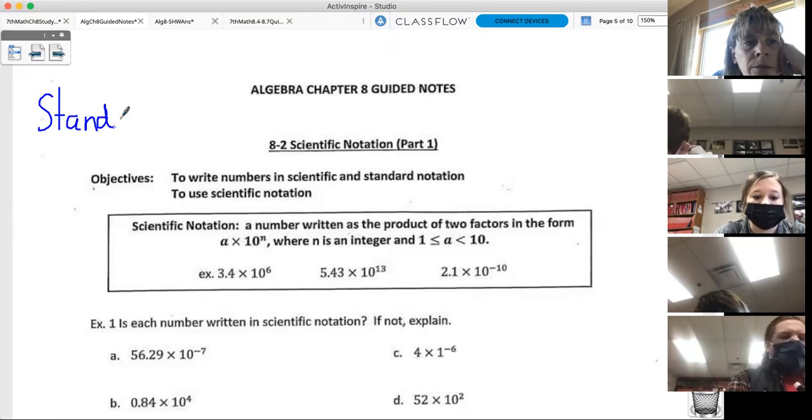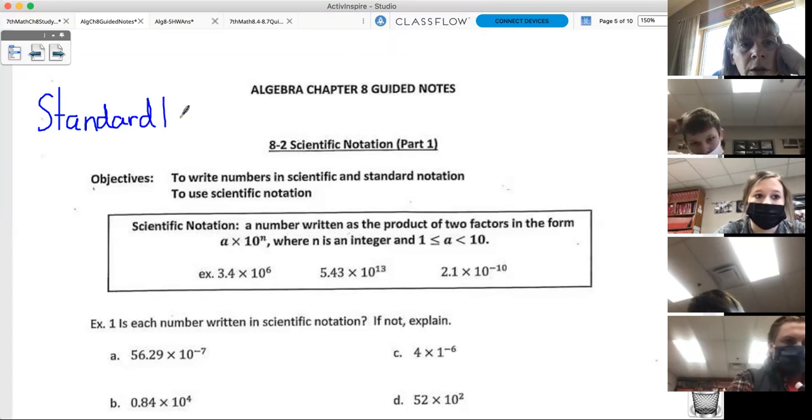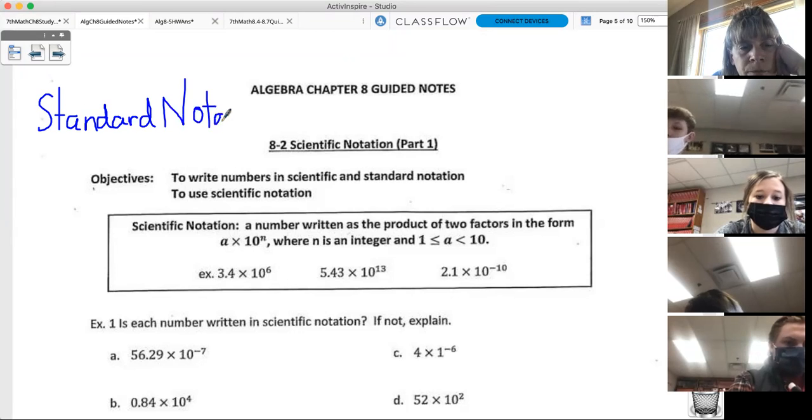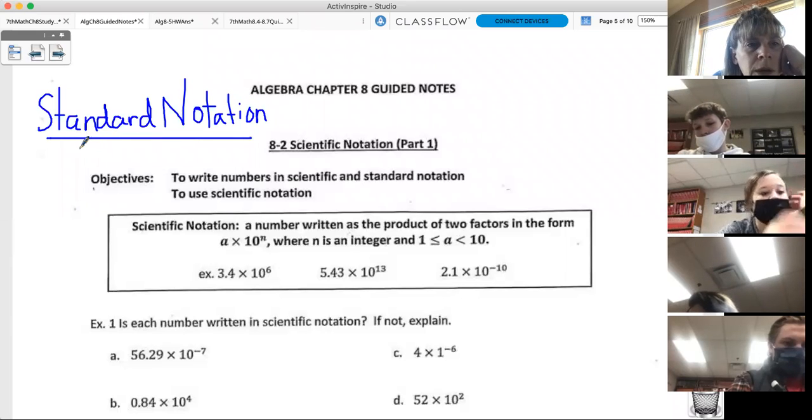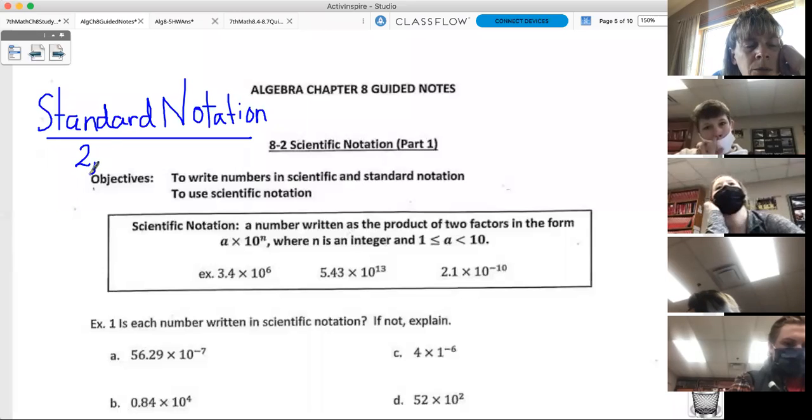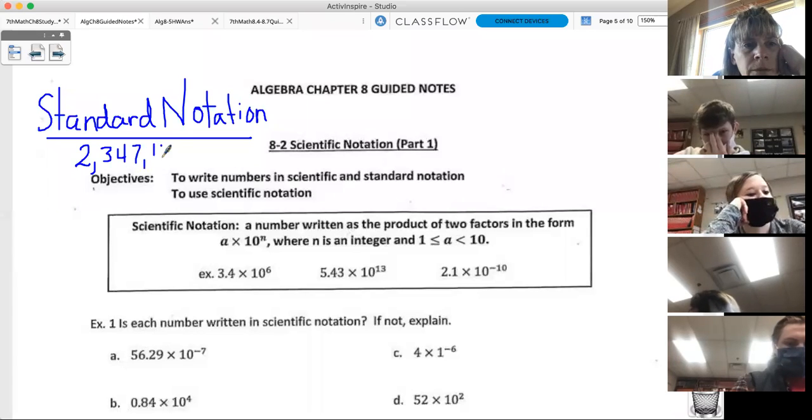Standard notation would just be a regular old number. So let's say we have 2,347,100. Okay, so that's standard notation.